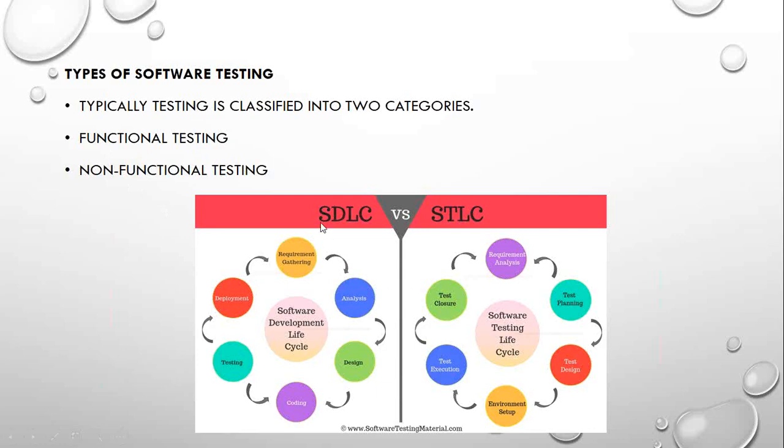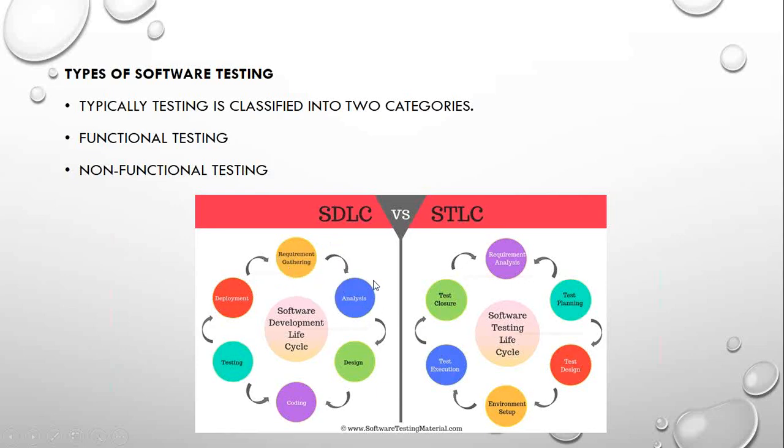Now we have SDLC and STLC, right? The software development lifecycle and the software testing lifecycle. Sometimes they will ask you about SDLC and STLC during the interview. Here we are not much concerned with SDLC. As you know, we have requirements gathering in SDLC, where the BA gathers the requirements in this phase.